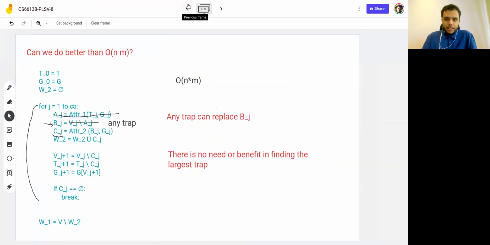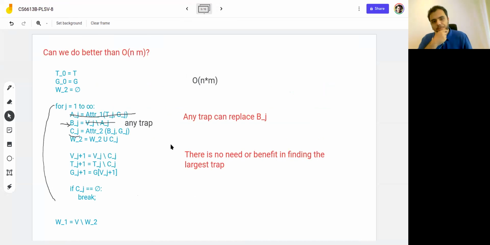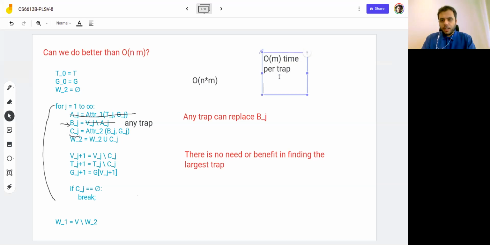And actually, let's be a little bit more exact here. So what we are doing is that we are spending order m time to find a trap. So I'm spending order m time per trap. And then I'm saying that I need at most order n different traps in my whole algorithm, so that the runtime becomes order n times m, right?